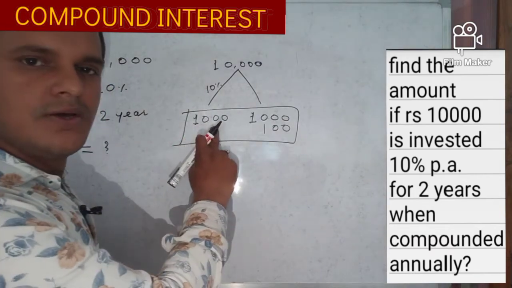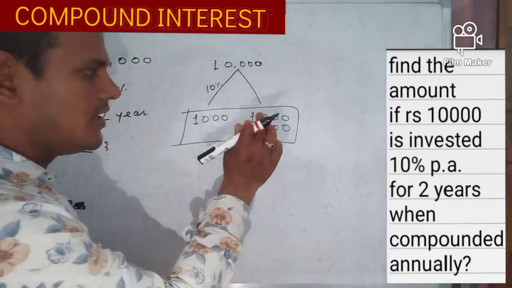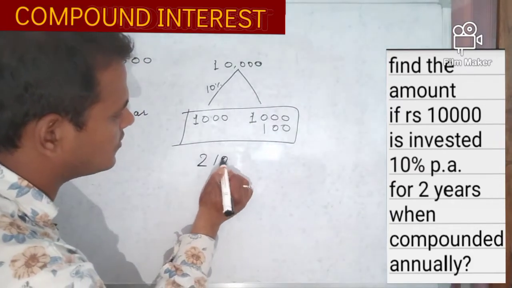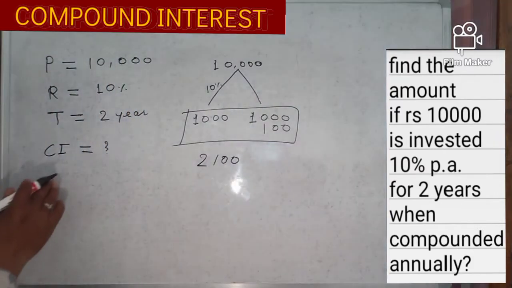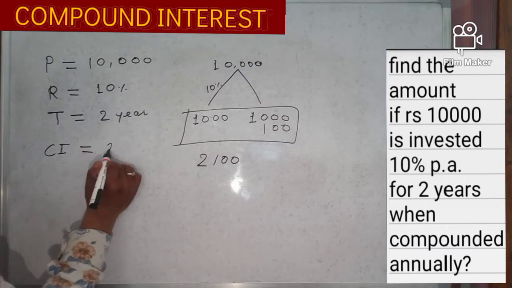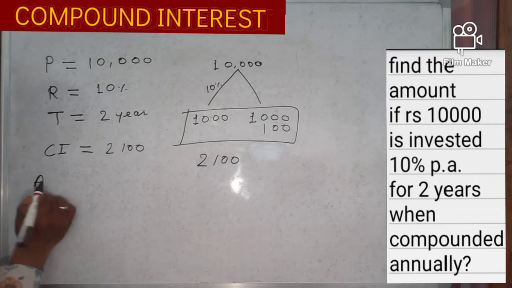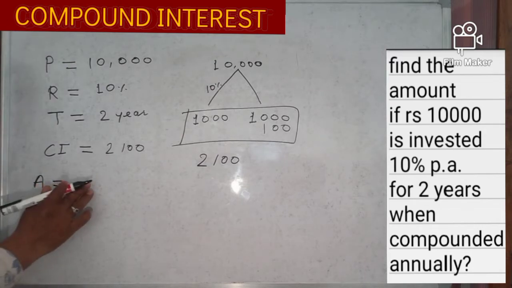So 1,000 plus 1,000 plus 100 will be 2,100. So our compound interest is 2,100. What will be the amount? Amount is just principal plus interest.